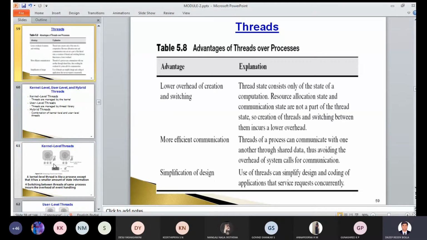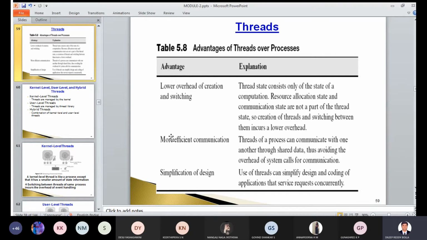Now, we have seen already the advantages of the threads. What does this mean? When I use the threads, we can have a lower overhead. So that's what we have seen, right? So the overhead is minimized because we no need to carry everything from the process. We can carry only that confined to the thread, so that the overhead can be minimized in switching, and we are able to communicate effectively.